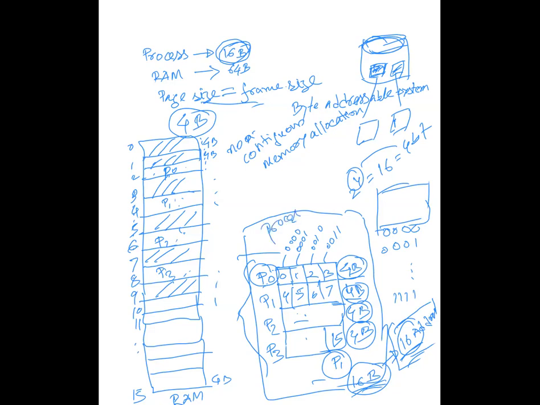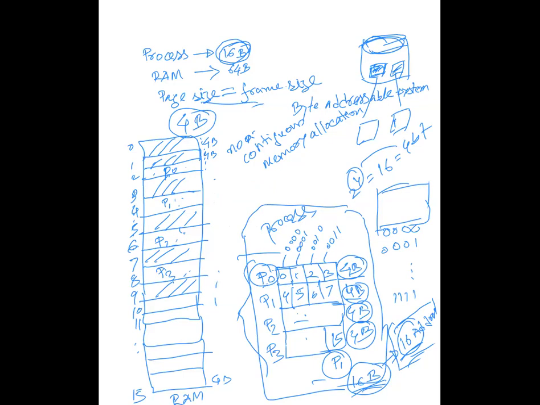When you open a process, your operating system allocates the memory for this process, and by this time your operating system maintains a process table for this process P1. This is called the process table. Now let's see how the process table actually works.